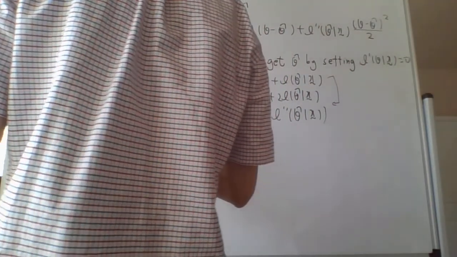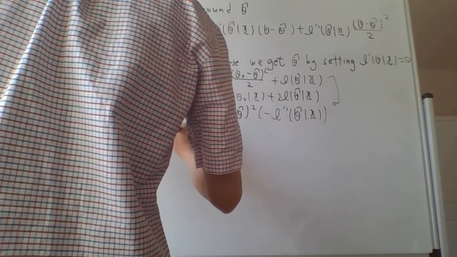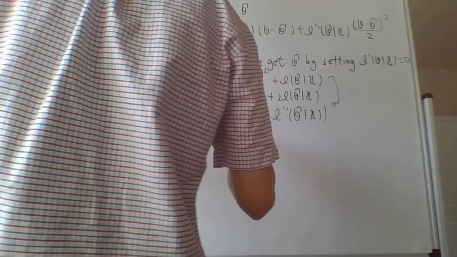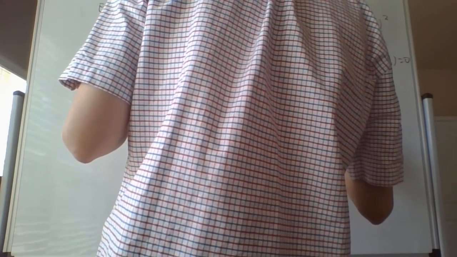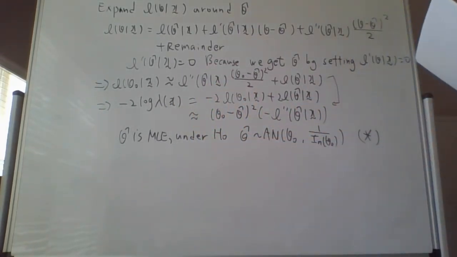Then theta hat is the MLE, and under the null hypothesis theta hat is asymptotically normal with mean theta 0 and variance 1 divided by the information number for the entire sample under theta 0.